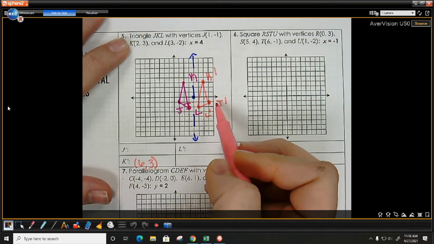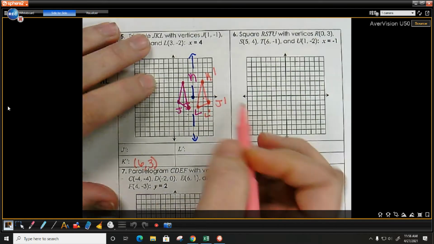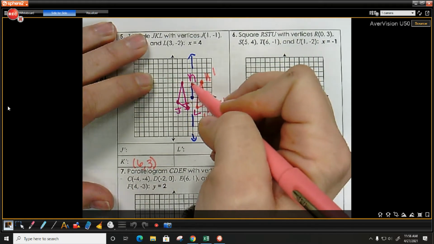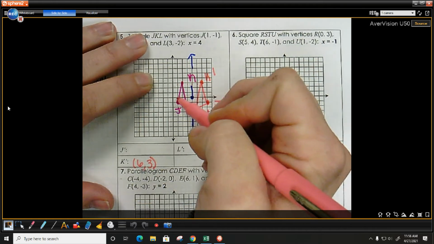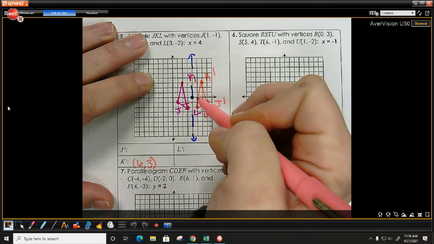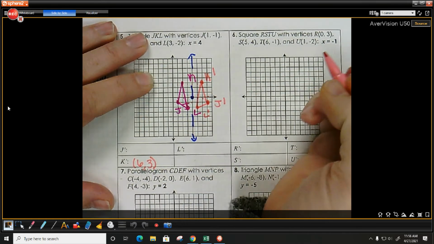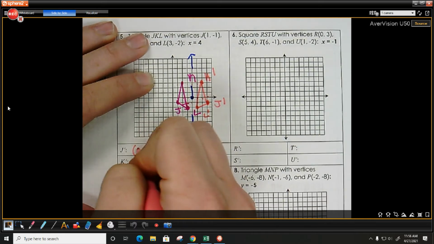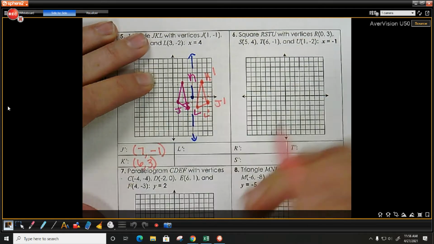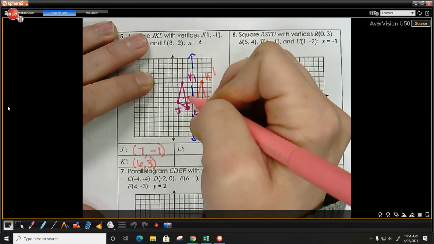Did I do something wrong? Did I count wrong? 1, 2, 3, 4, 5, 6, 7. Yes, J is at 7. Sorry. 7, negative 1. And L, 1, 2, 3, 4, 5, negative 2.